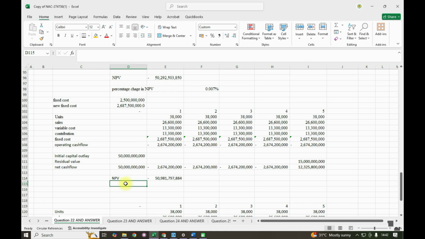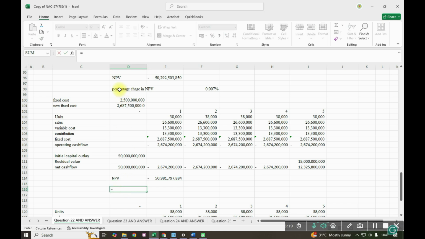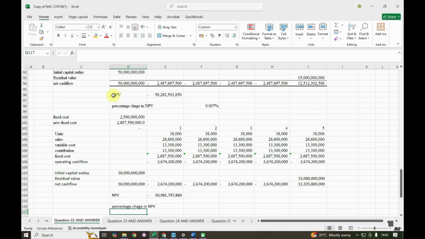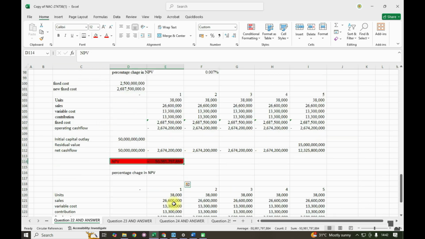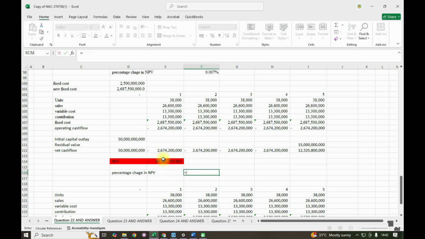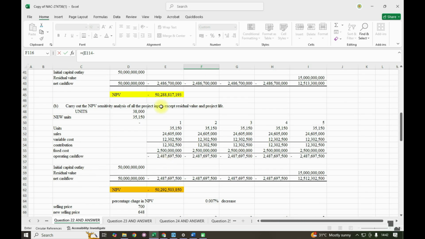So the percentage change in NPV. For this one, the NPV, I can highlight it using a different shade. Even this one, can use that. So percentage change, we shall take this and we minus the base, and we divide by the base.